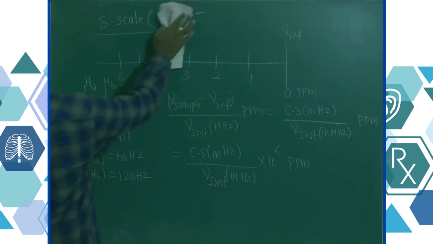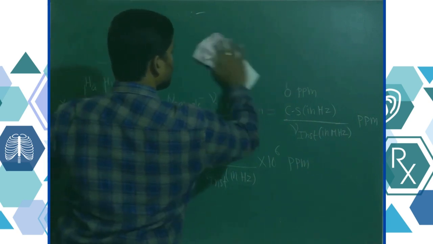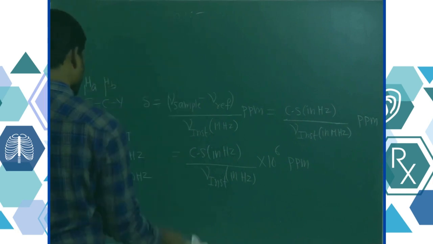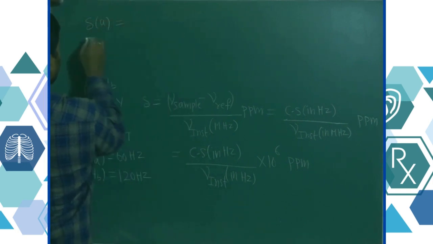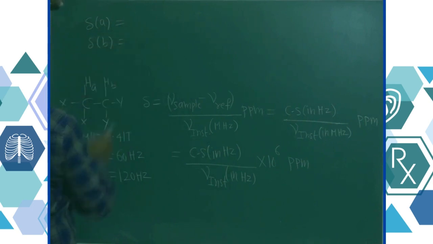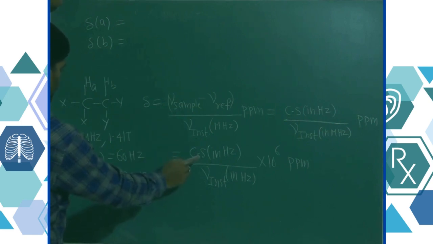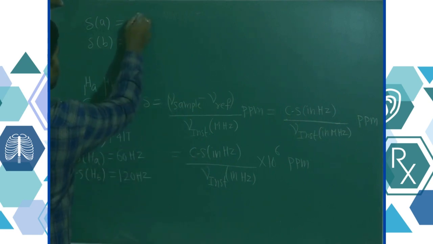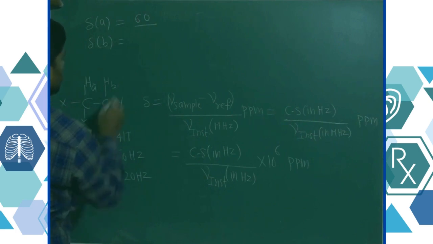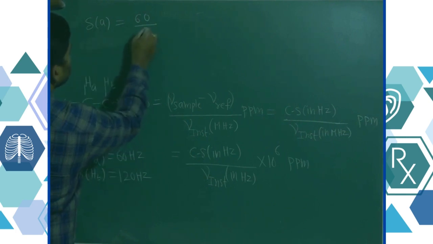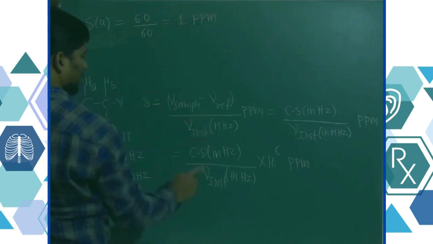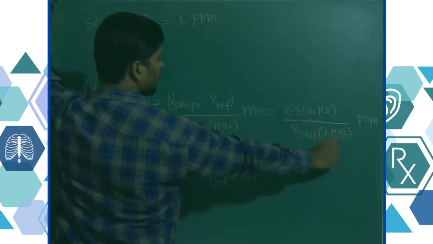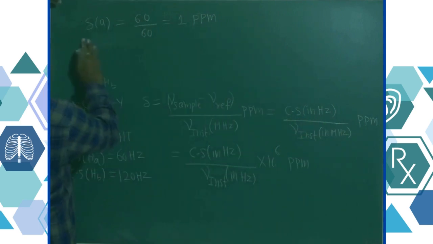So for this example, if you calculate the chemical shift for A type of proton and for B type of proton, what will we get? Chemical shift in hertz is 60, instrument frequency is 60 megahertz, so we are getting 1 ppm.